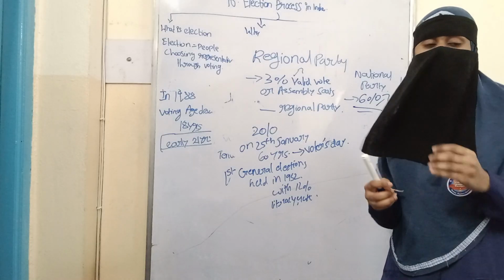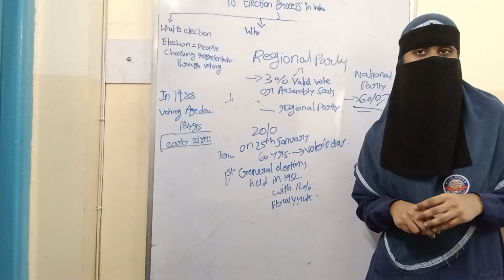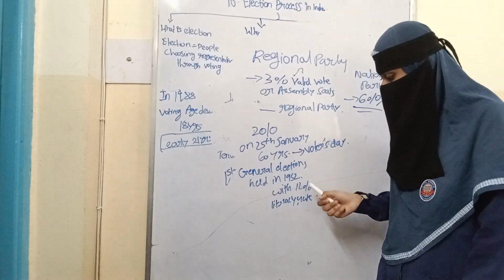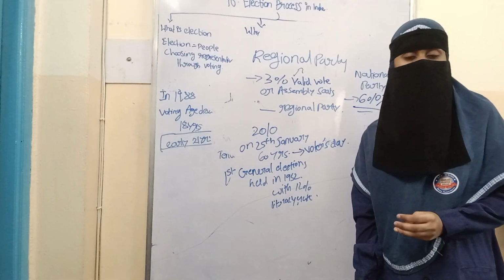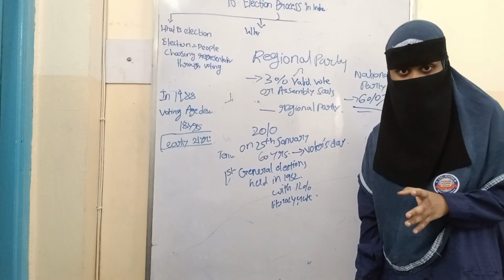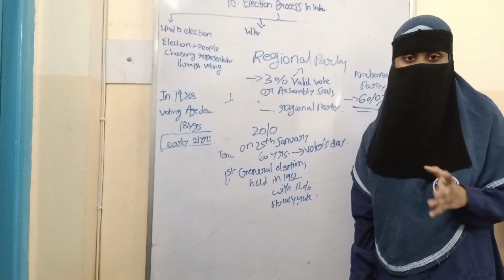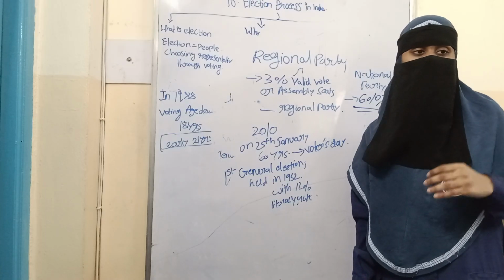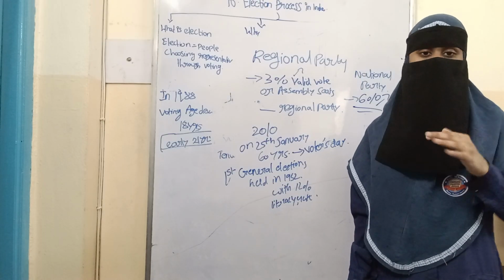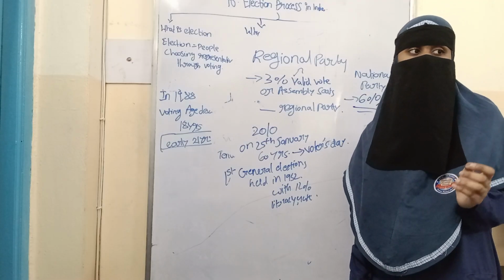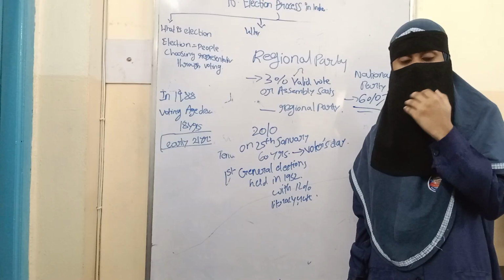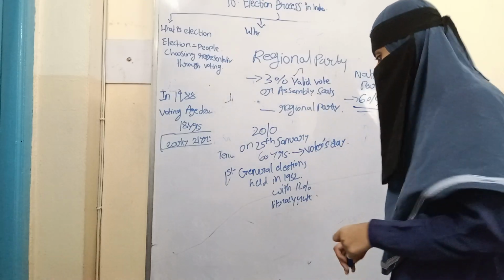So it was a big problem faced by the ECI in 1952 when the first general elections were held, because people did not know to whom to give their vote. They did not know how a political party should be formed, what procedure to follow, and what things have to be there.